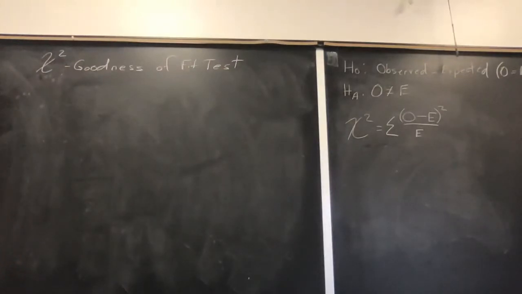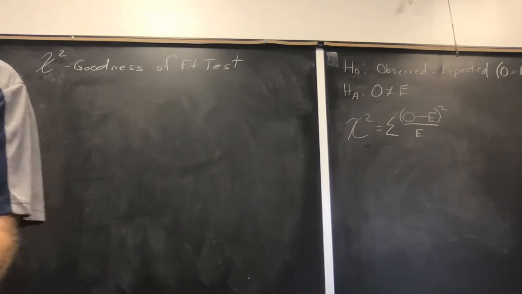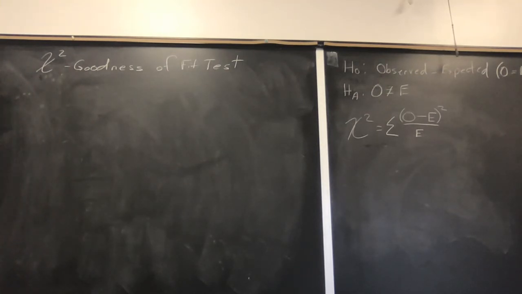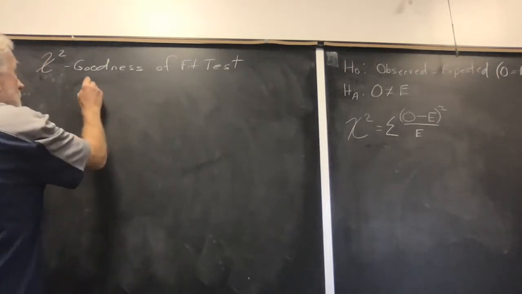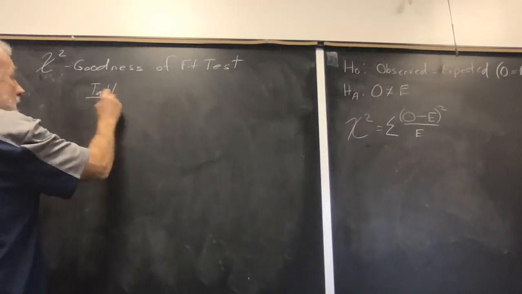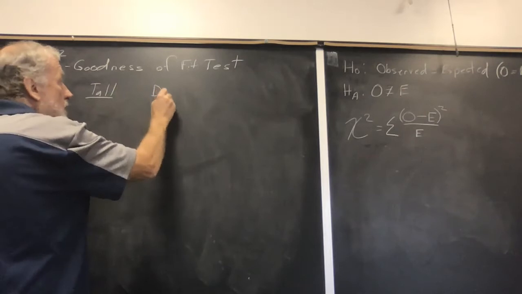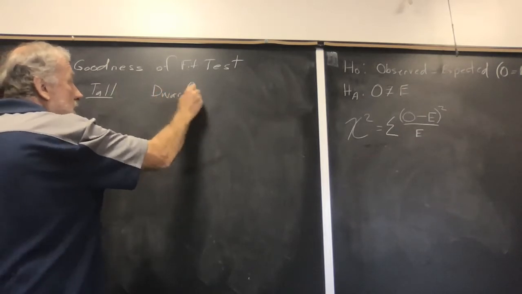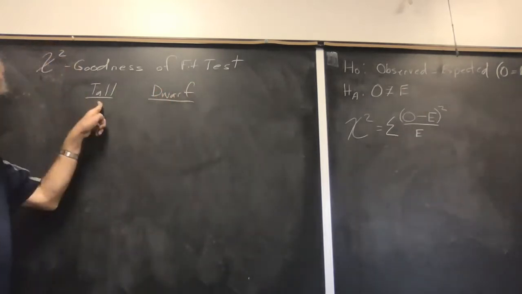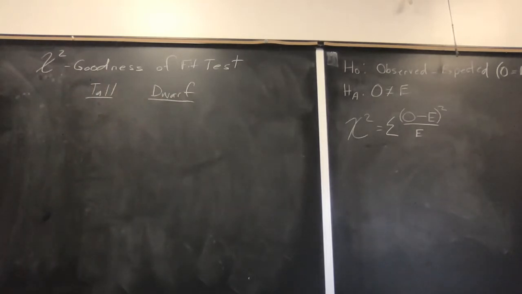So in the problems, they're going to give you results of the crosses, and you'll have to figure out what type of cross it is based on those results. So here we've crossed some pea plants, tall ones and dwarf ones. And remember, tall is the dominant trait, dwarf is the recessive trait.